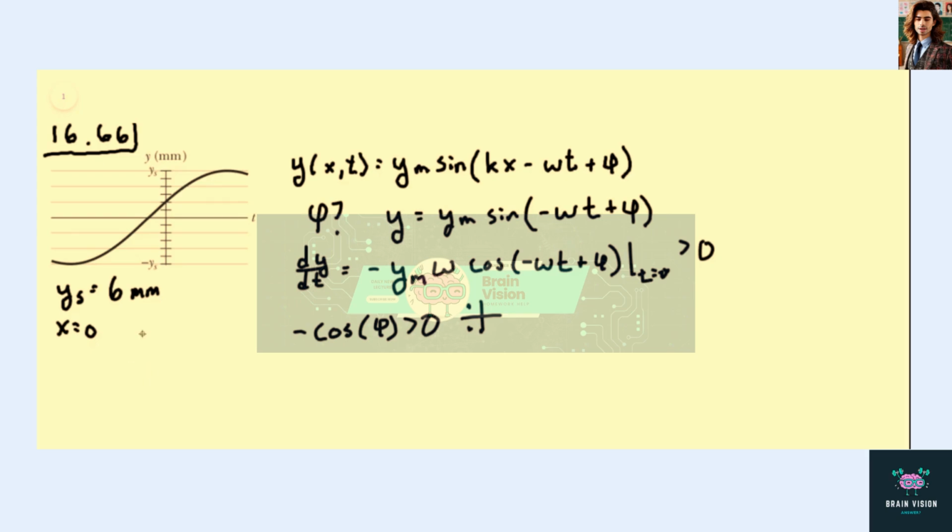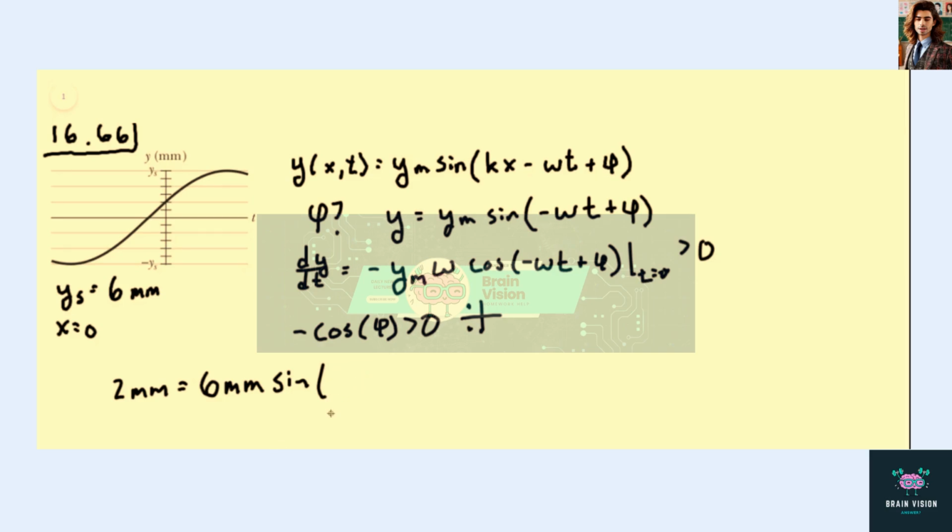we know that when time is equal to 0, we have y of 2 millimeters. We know the amplitude is 6. Omega t is going to be 0 plus phi.